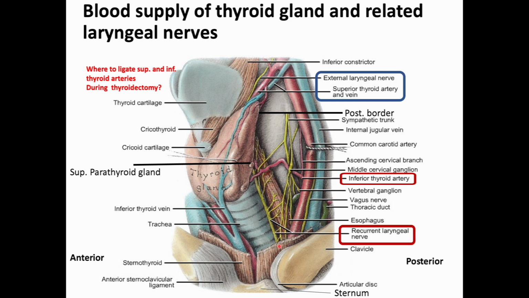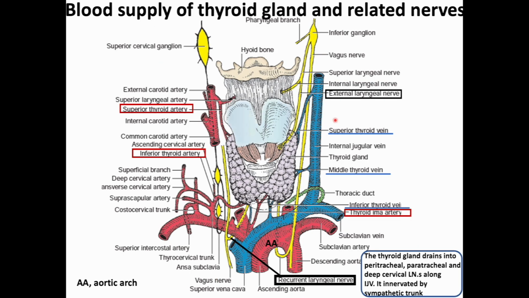We call it the recurrent laryngeal nerve, which supplies all laryngeal muscles except cricothyroid. As you see here also, the recurrent laryngeal nerve runs between trachea and esophagus. This is very important.